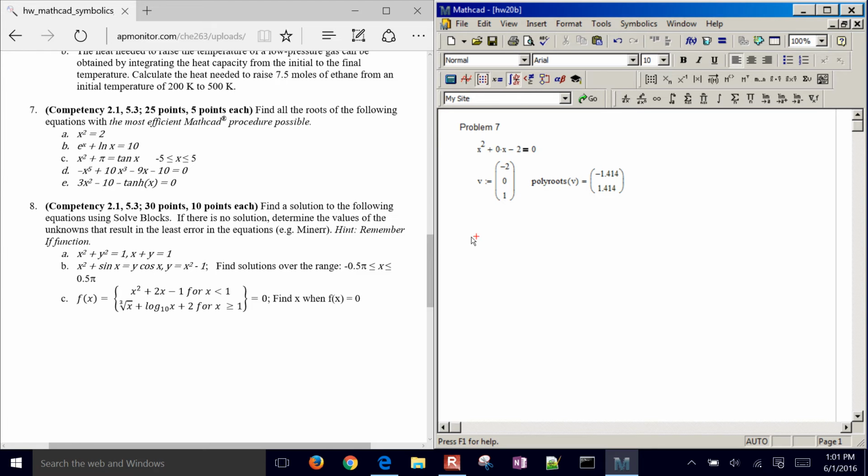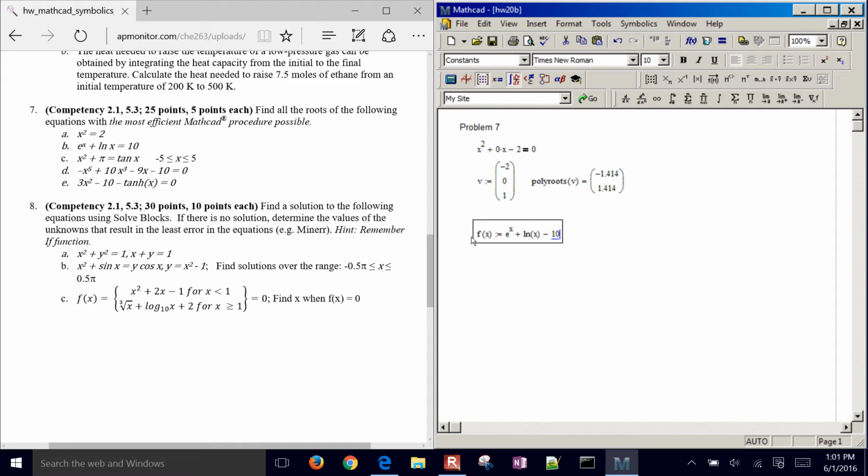Let's go on down to the next one, which is not in polynomial form. What we're going to do is define a function, f of x, which is e to the x plus natural log of x minus 10.